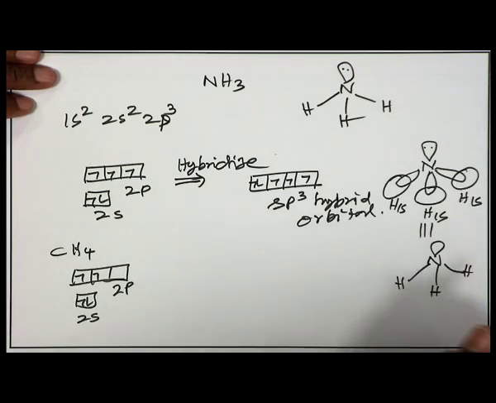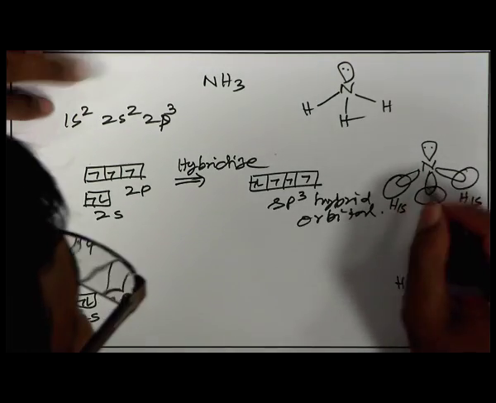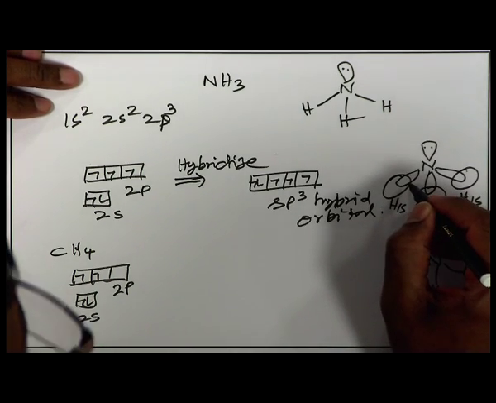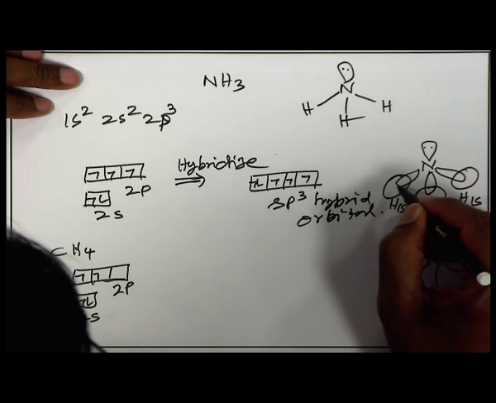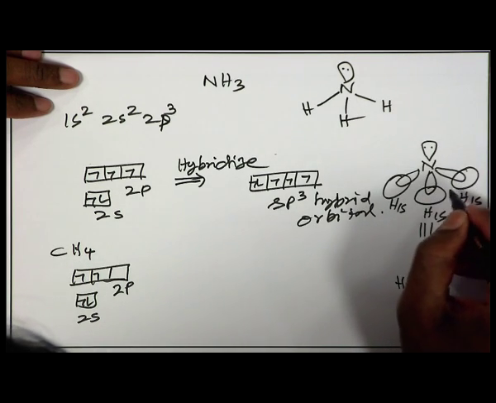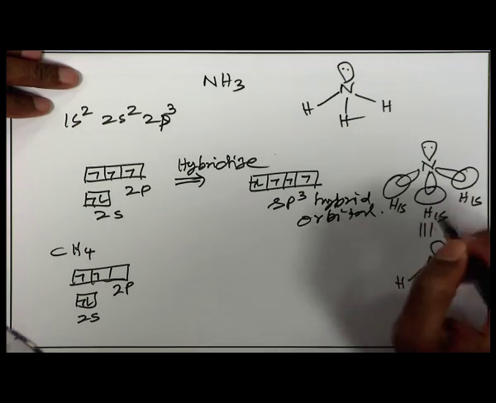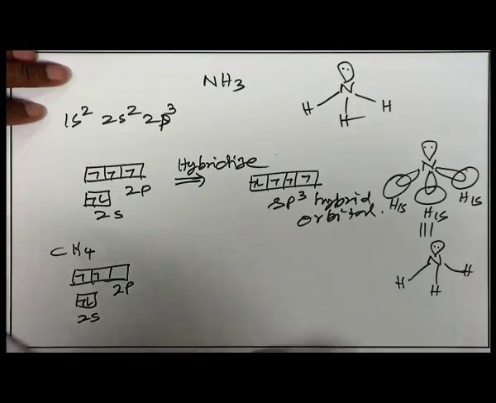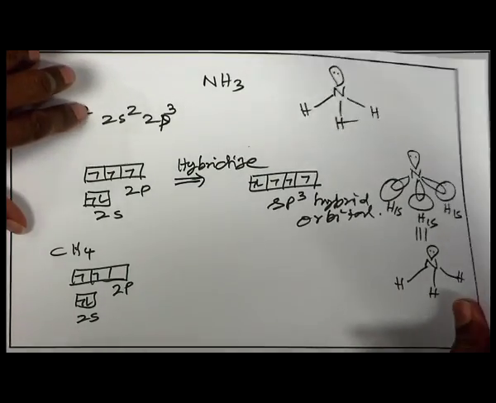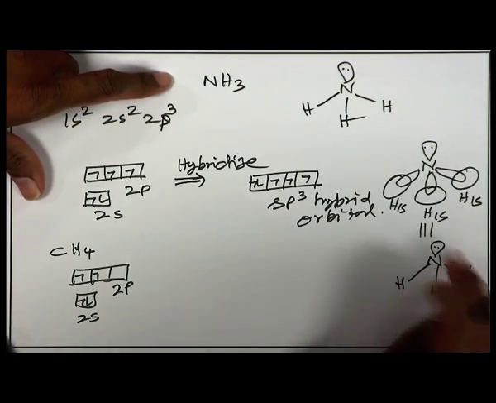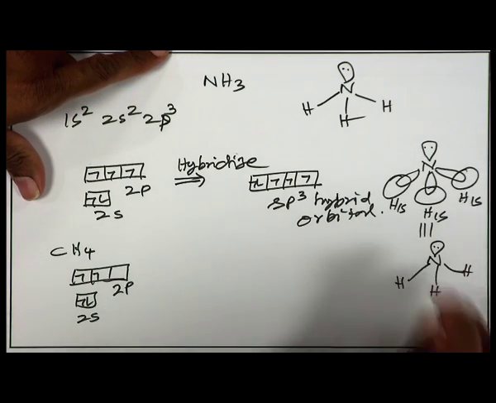As you can see, there is overlap of the sp3 hybridized orbitals of nitrogen with hydrogen 1s orbitals, 3 of them like that. So, the molecular geometry of ammonia is not tetrahedral, it is trigonal pyramidal.